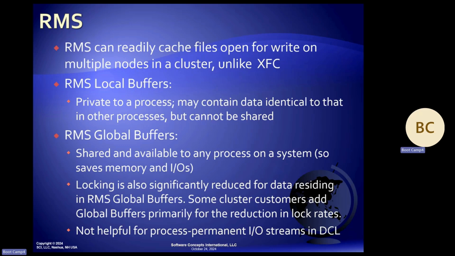And it doesn't take much memory to put a few RMS global buffers on SYSUAF. What I did find is that if you're doing IO to an index file in DCL, unfortunately, process permanent files like the file streams in DCL are not helped by RMS global buffers.